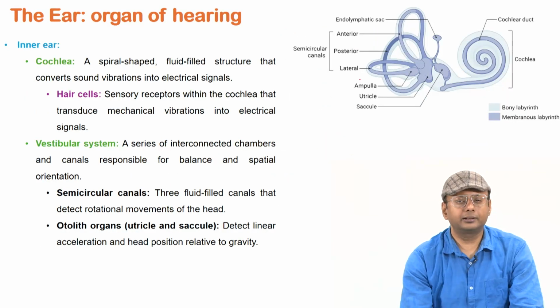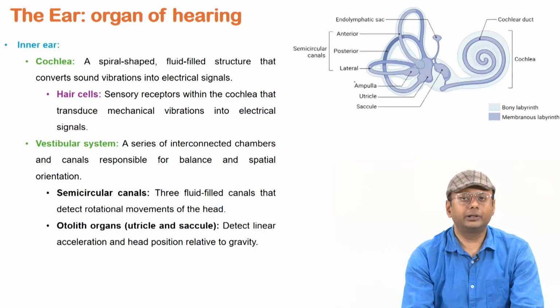And in the inner ear, it is also made of different compositions, where a spiral shaped, fluid filled structure is observed that converts the sound vibration into an electrical signal.